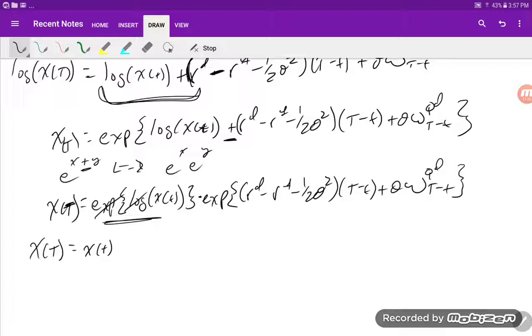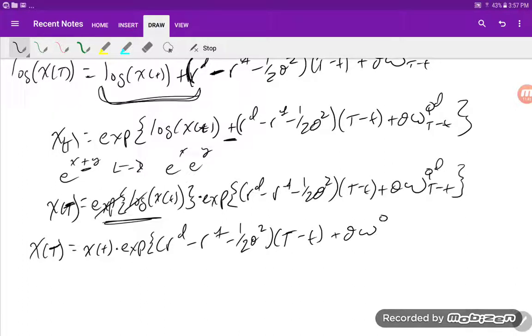Again, we're considering initial time as little t, so that initial value times the exponential of (rd minus rf minus 1/2 sigma squared)(T minus t) plus sigma W^Qd.